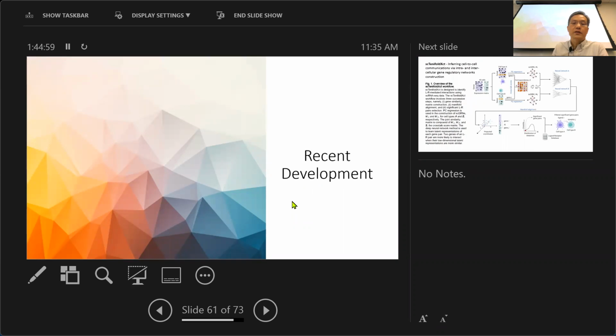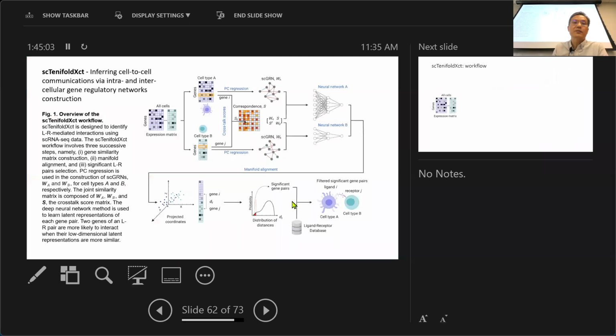So these are the recent developments in the cell-cell communication package we developed in our lab. Yunjian played a major role in this development. So this is a pipeline we created.